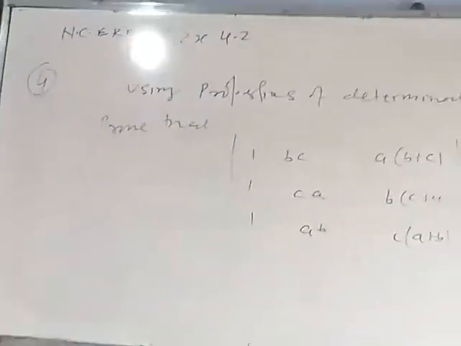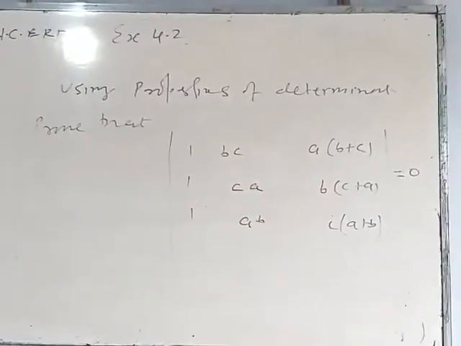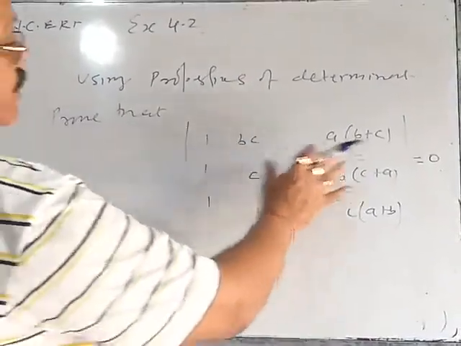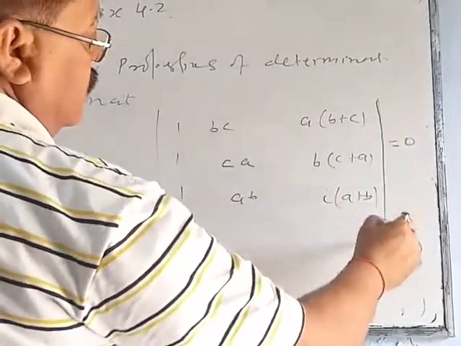We have to prove this: LHS is equal to RHS using property of determinant. This is the question. We have to prove this determinant is equal to 0.